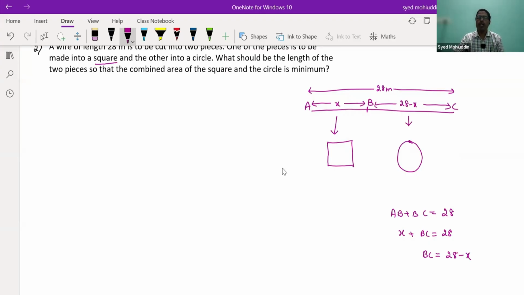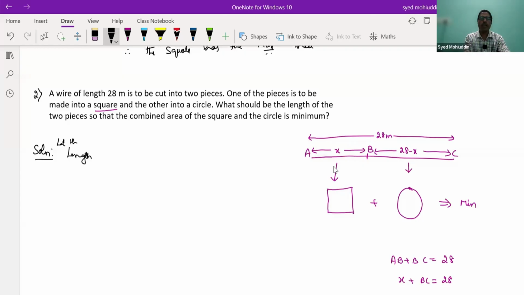Now, what I have to do is, when you try to combine the areas of both the square and the circle, what should be the length of the two pieces so that the combined area of the square and the circle should be a minimum. So in that way, you have to cut this. So this point B is very crucial for us. Where to cut?